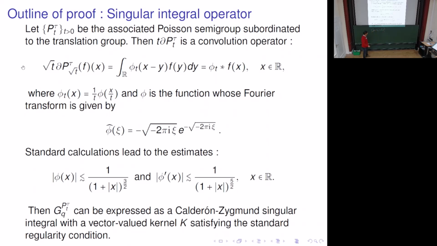Now in fact the kernel K_x is the convolution kernel. For any x, K_x maps to the function t, in this case phi_t.